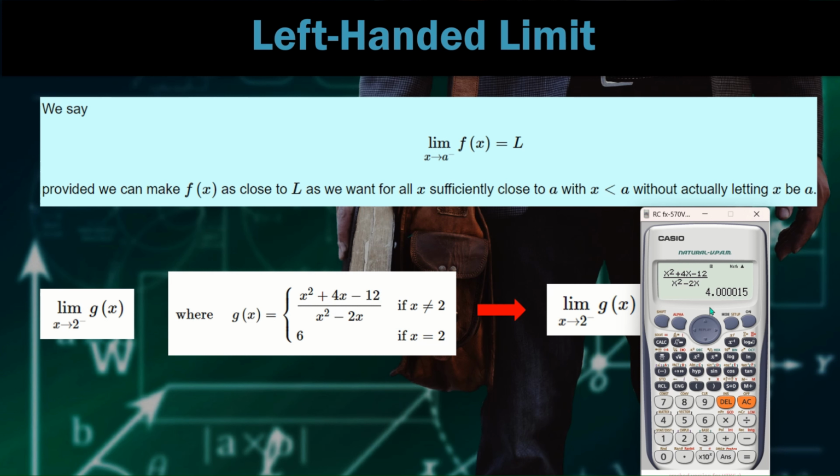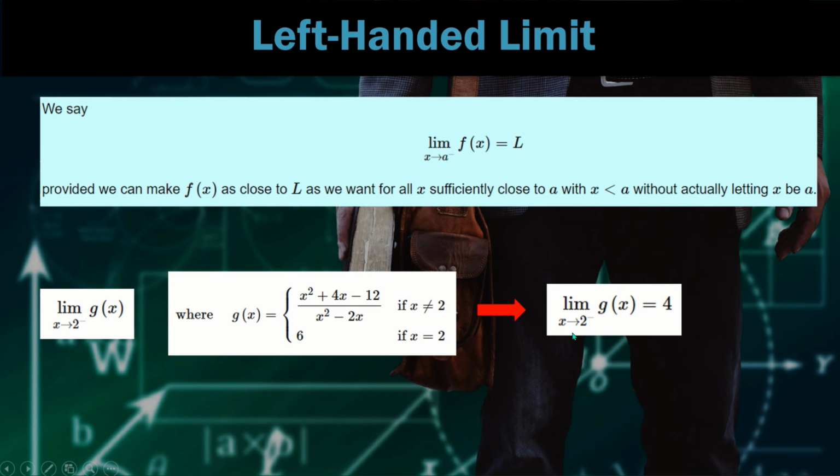As you can see, we're approaching a certain value, and the more we get closer and closer to 2, we will approach a single value which is actually equal to the limit of this function. So therefore the left-handed limit of the function g of x is actually equal to 4.